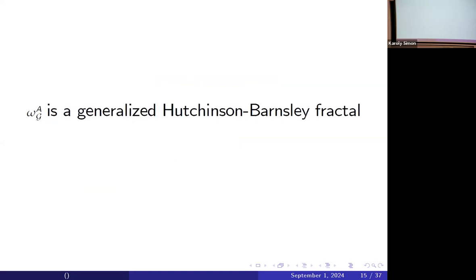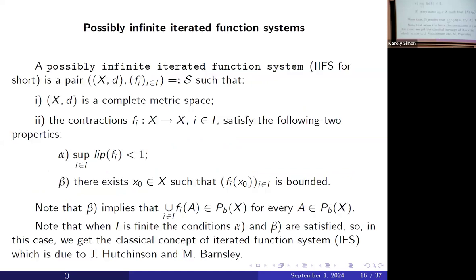All right, the next step and the last one is to look at Omega_AG as the attractor of a possibly infinite iterated function system. So let me recall what a possibly infinite iterated function system is.